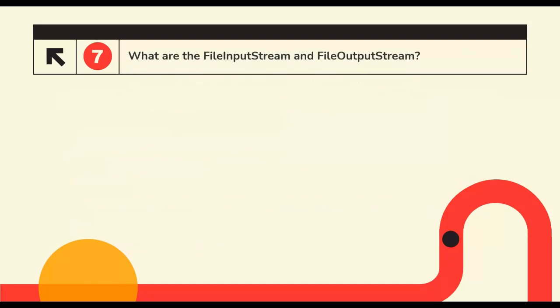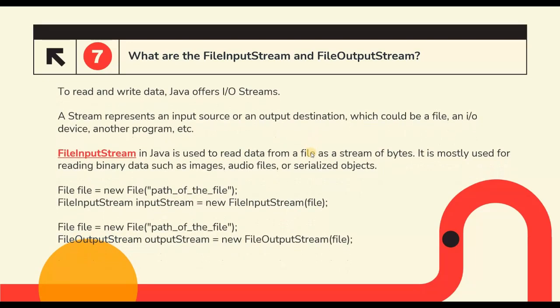Next is, what is FileInputStream and what is FileOutputStream? This is also for reading and writing data with Java IO streams. A stream represents an input source or an output destination, which could be a file, an IO device, another program, etc. FileInputStream in Java is used to read data from a file.